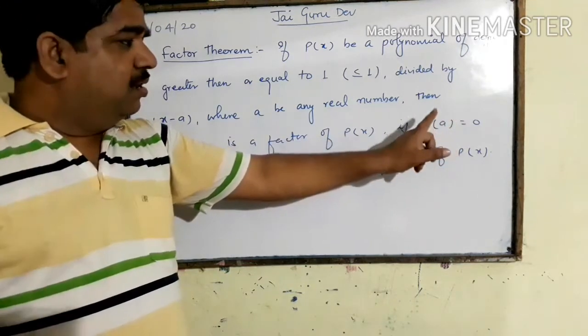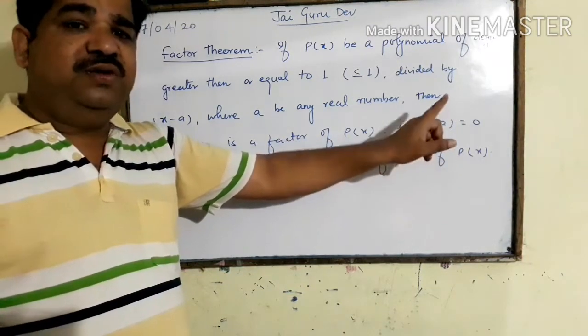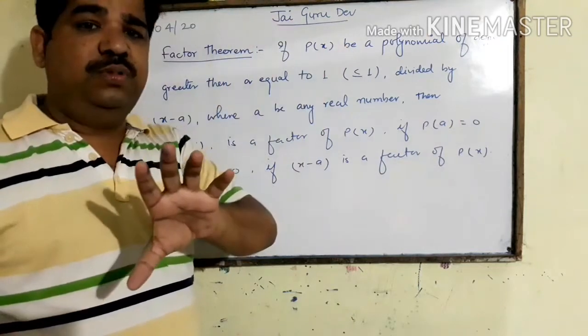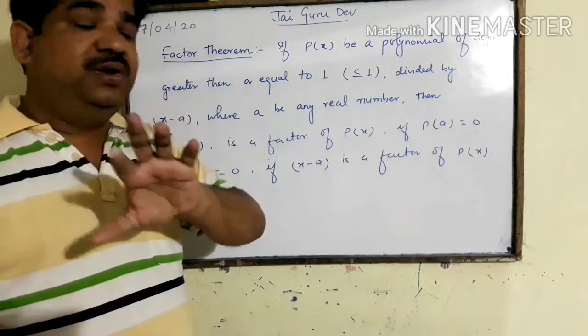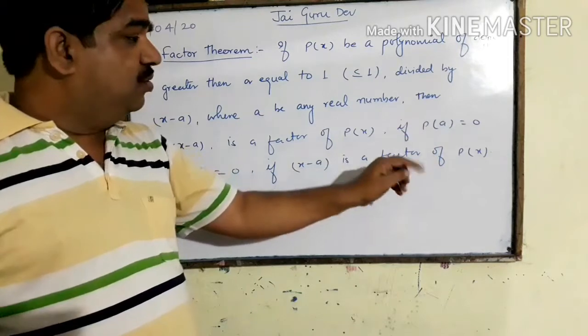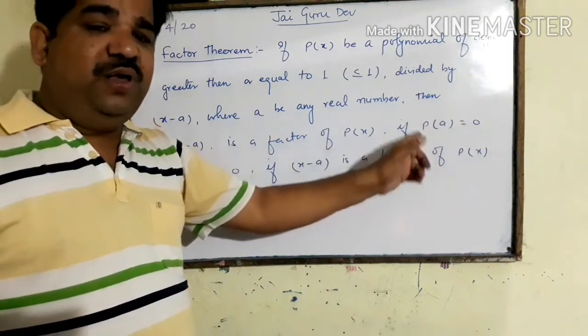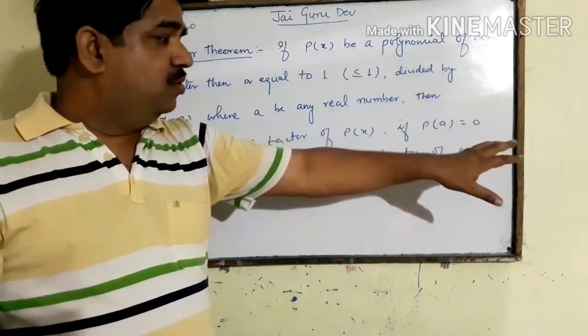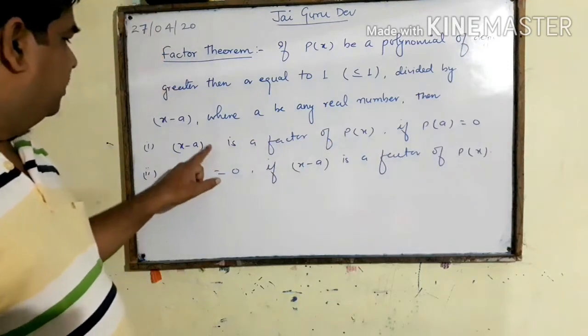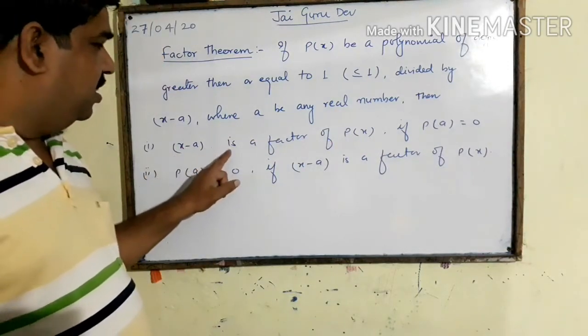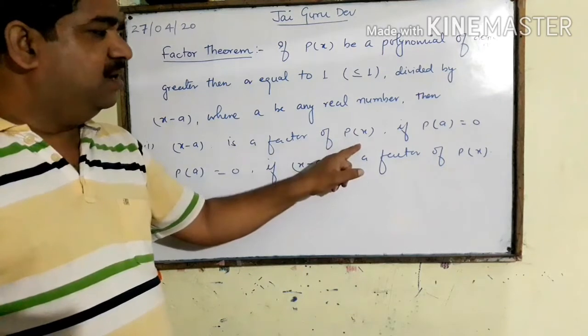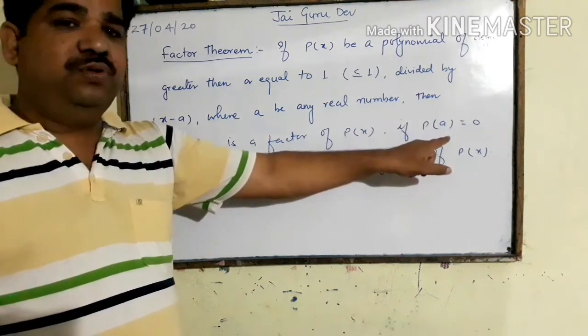Recall that the expression p(a) has been studied by you in the remainder theorem. The value of the remainder is represented as p(a). So if p(a) equals 0, it means the remainder is 0. So the first part is: x minus a is a factor of p(x) if p(a) equals 0.